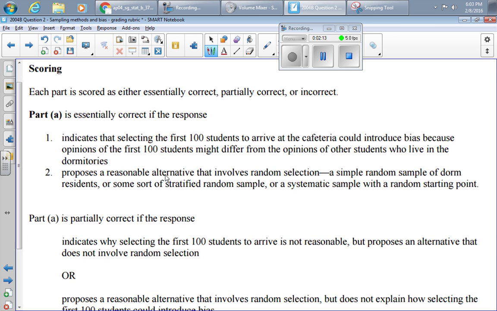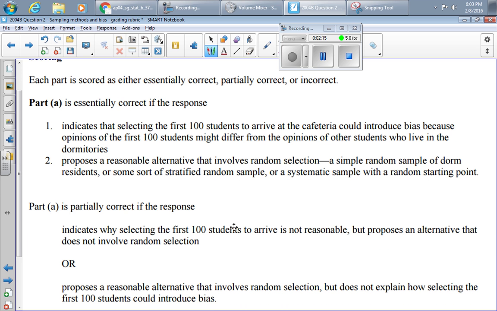It's partially correct if the response says why those first 100 are not reasonable, but the alternative doesn't include a random selection. The easiest way to get to a random selection is to use the word random. If they didn't do that, it's highly likely that they're only going to get a partial. They'll also get a partial if they proposed a reasonable alternative that involves random selection, but didn't really say why the first 100 could introduce bias.